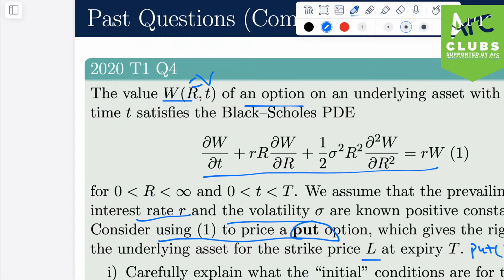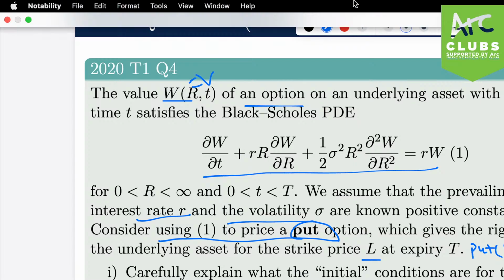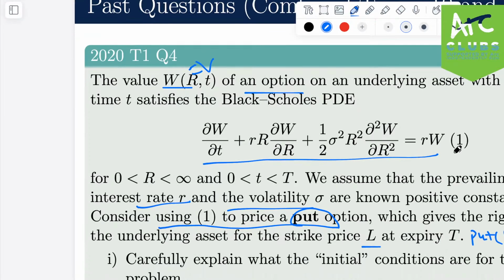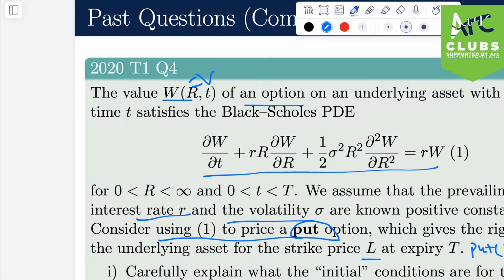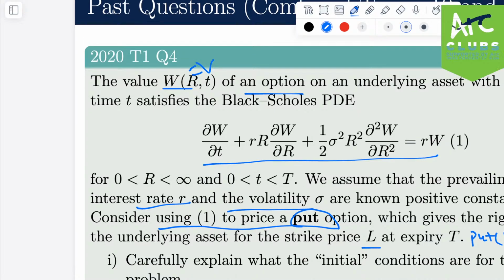I don't know why they said carefully explain. I don't know if carefully takes any percentage of marks, but I guess just try to explain as much as we can. So what the initial conditions are for this problem and what the boundary conditions are. When they say boundaries, they talk about when T is equal to T. From my understanding, the initial condition also counts as a boundary condition, so maybe T is equal to 0.